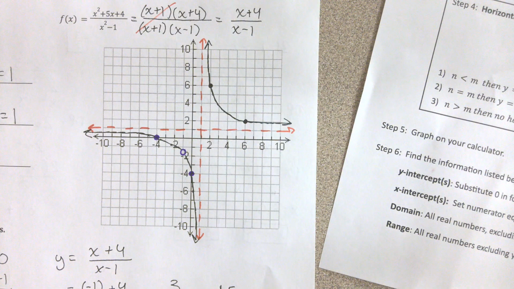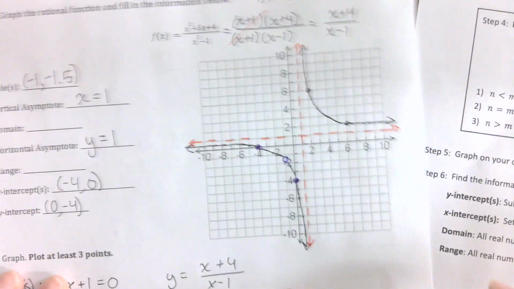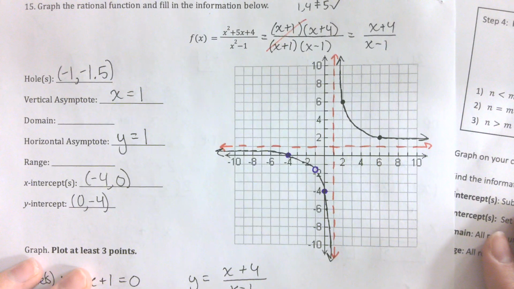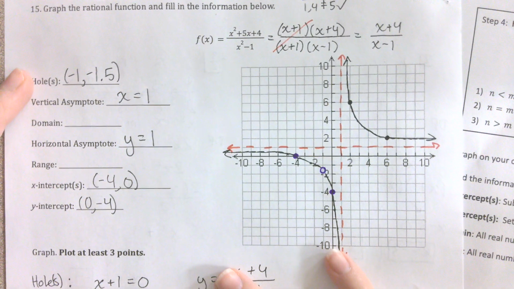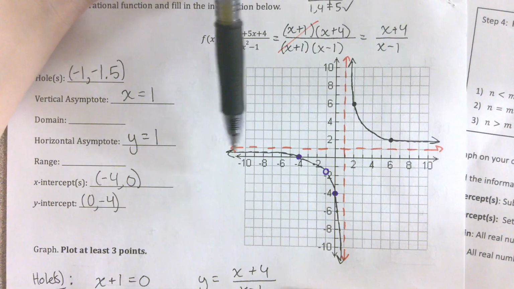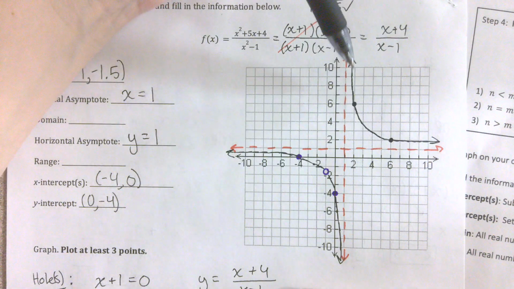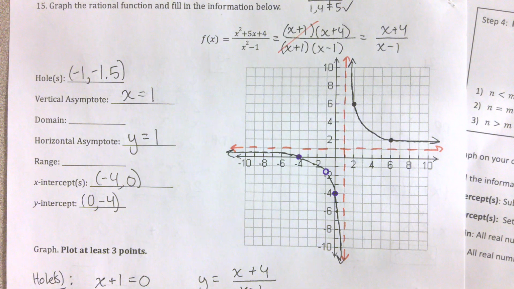Alrighty. Domain and range. Looking at the domain, these are the x values. Pretty much the domain, you want to exclude the asymptotes. And actually, ironically, I did not do this correctly on my answer key here, so I'm going to have to fix that.